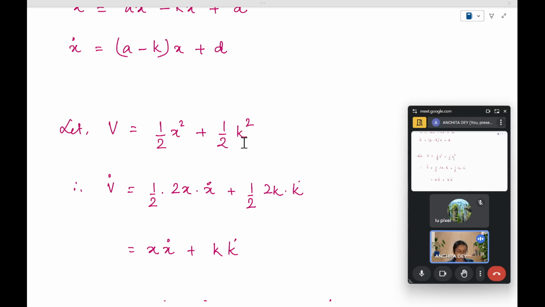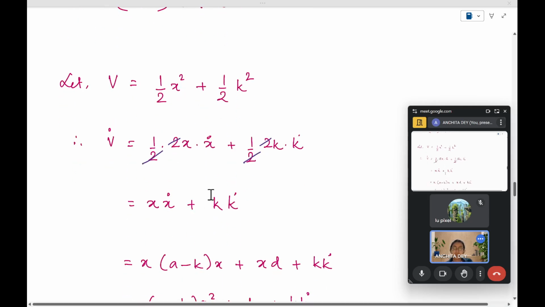Because like I said, there is something involving k dot, that means k is varying with time. Therefore V dot is equal to half 2x into x dot, and then plus half 2k into k dot, and then you can cancel these 2's, so you're left with x x dot plus k k dot. Now what we do is we substitute the expressions of x dot, and k dot is not known to us yet, and we'll be designing that.